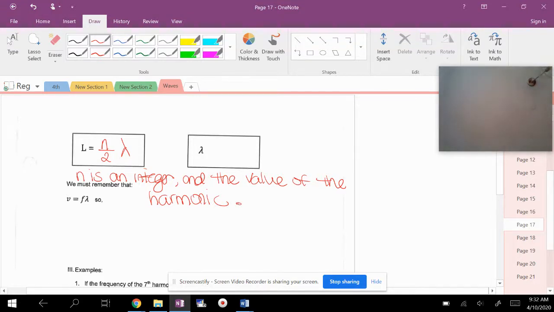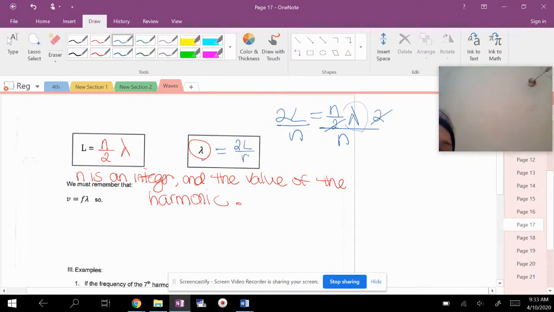Okay. So if I rearrange that and solve for lambda, I'm going to multiply each side by 2 and divide each side by n. So sometimes you'll have to solve for lambda, and you would get 2L over n.